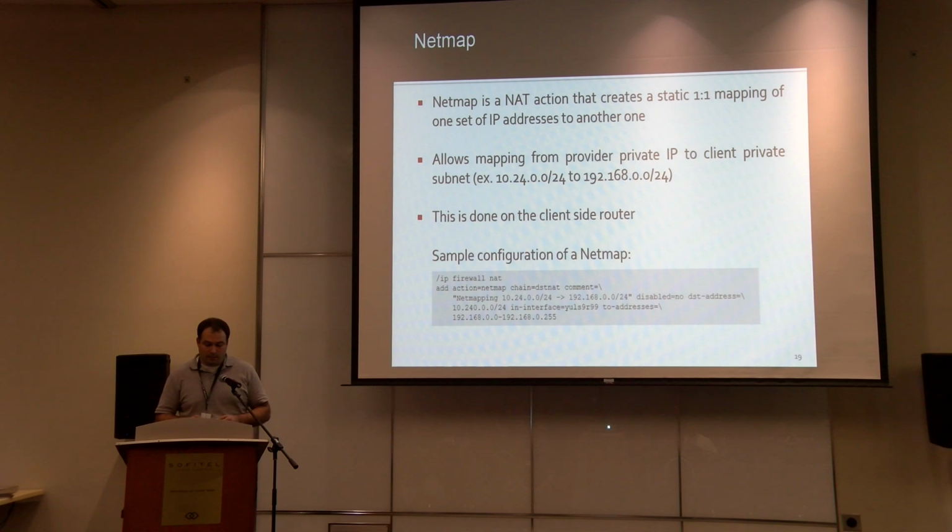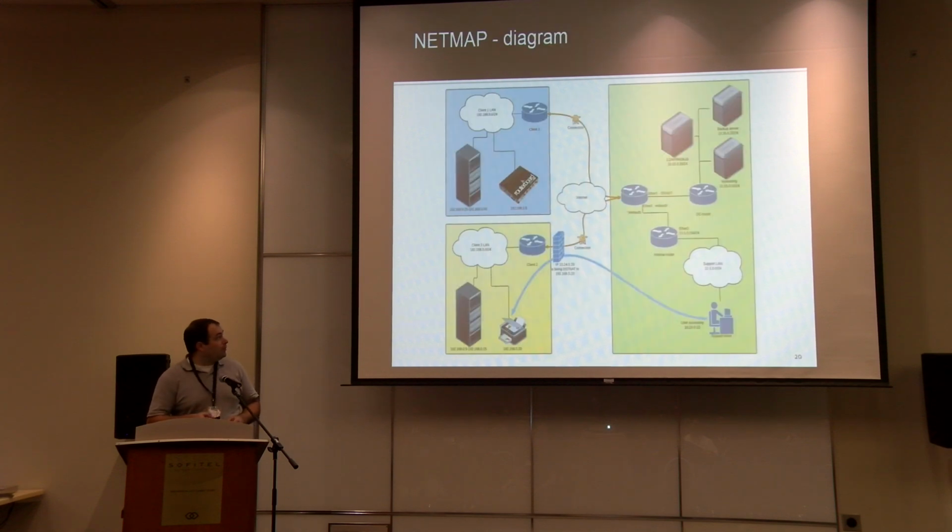For example, we can go from 10.24.0.0/24 to our client here, the 192.168.0 something, depending on the subnet that we assign to their router, because we're going to route traffic to their router with our internal IP all the way until we reach that network. So it allows us to have 2 clients with the same subnet without any problems.